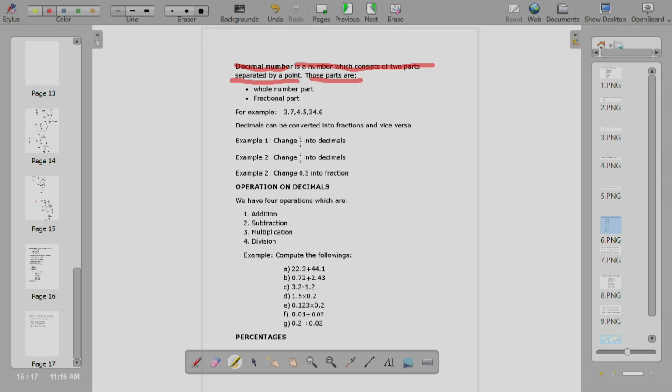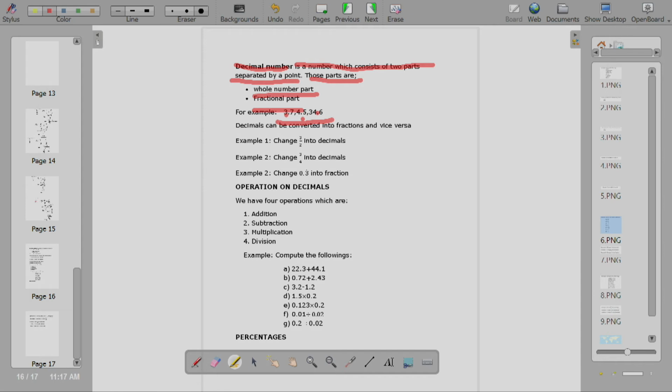Those parts are the whole number part and the fractional part. For example, these are examples of decimal numbers: 3.7, 4.5, and 34.6.